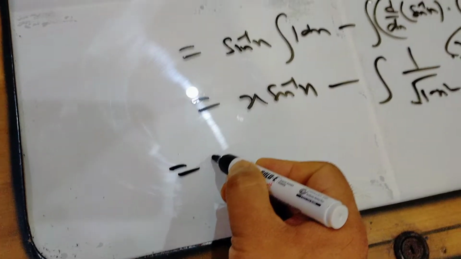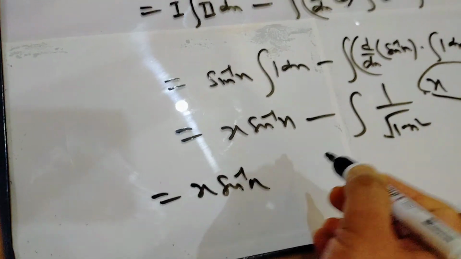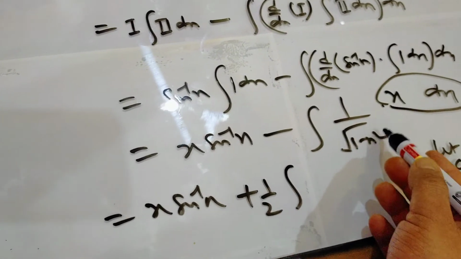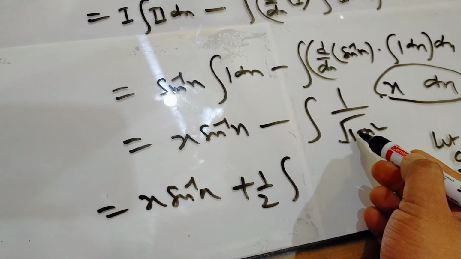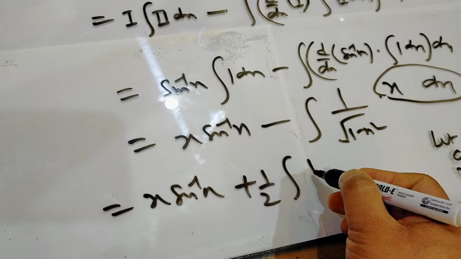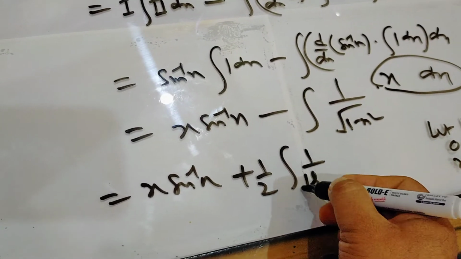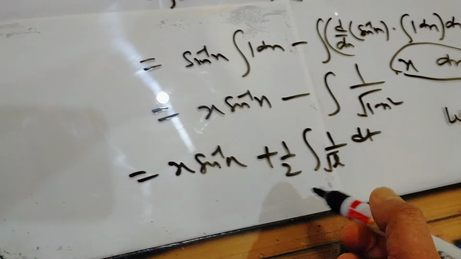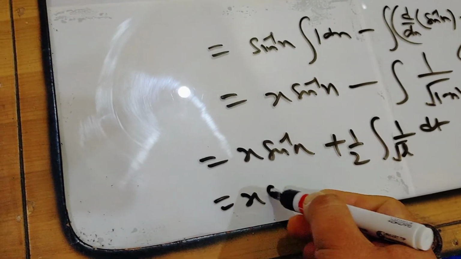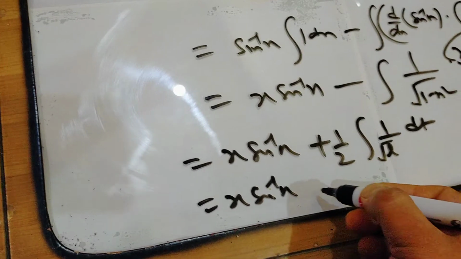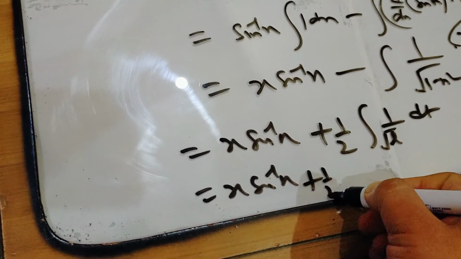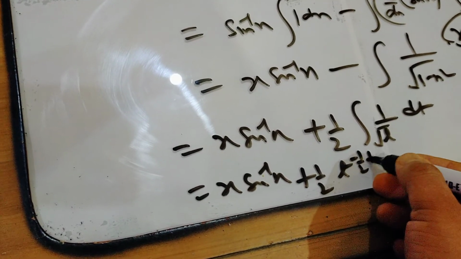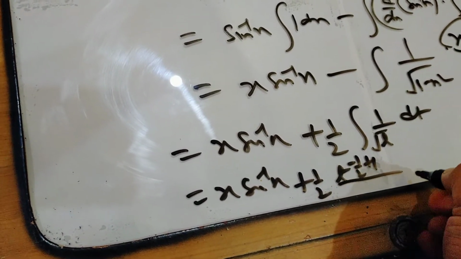So in the next step, x sine inverse x plus half, and because we have assumed 1 minus x square as t, 1 upon root t dt. Half I have written here. So it will give x sine inverse x plus half, and t raised to the power minus half, so minus half plus 1 upon minus half plus 1.